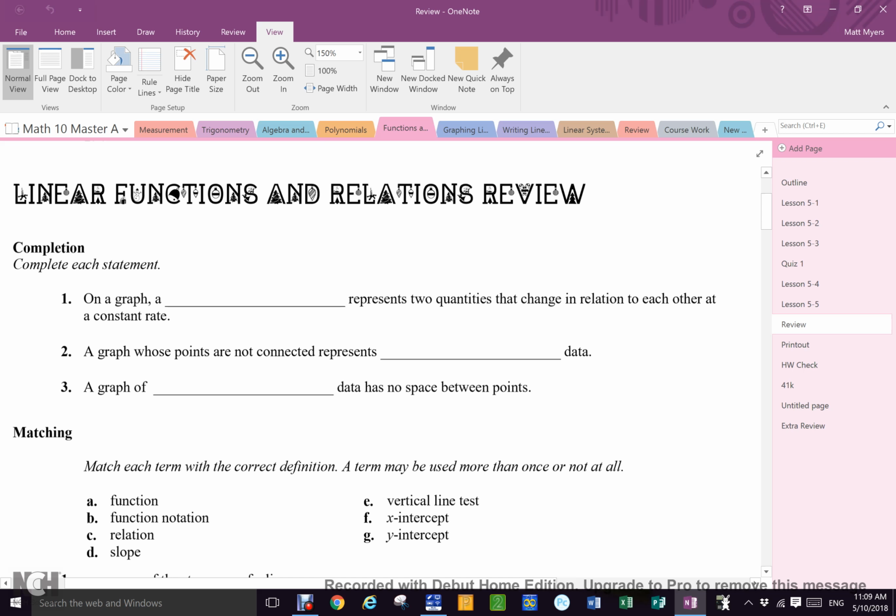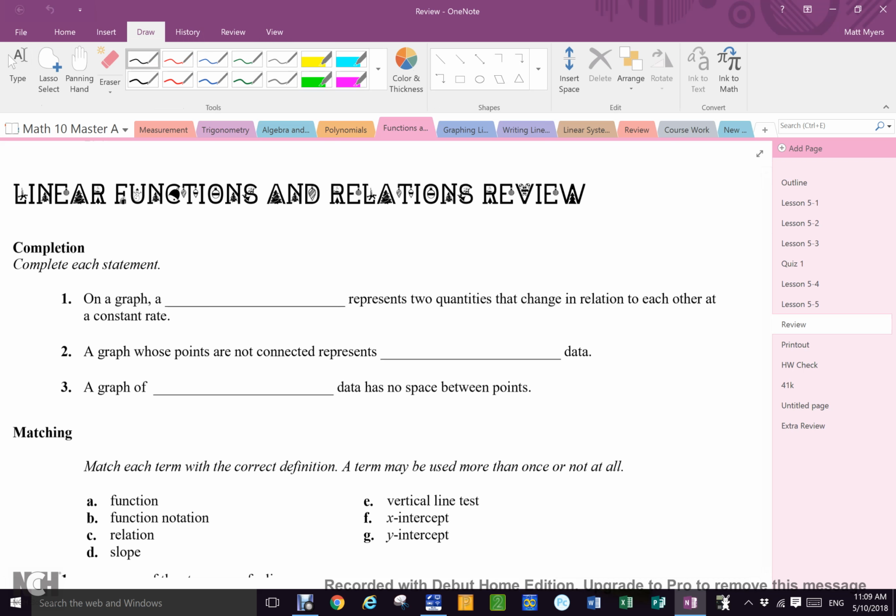Kevin. A linear relation. Sure, that would be perfectly acceptable. I would be happier because it says on a graph, just straight line. But a linear relation's fine too.